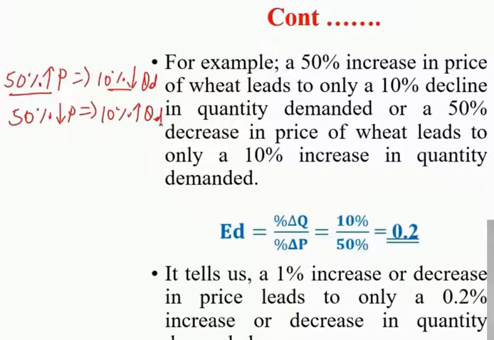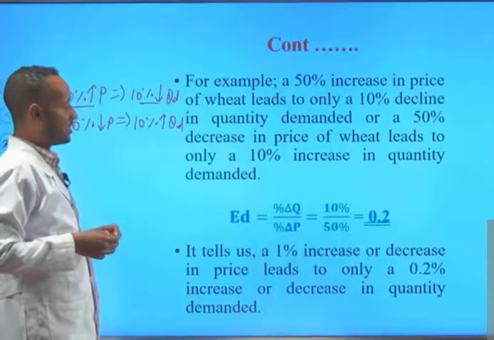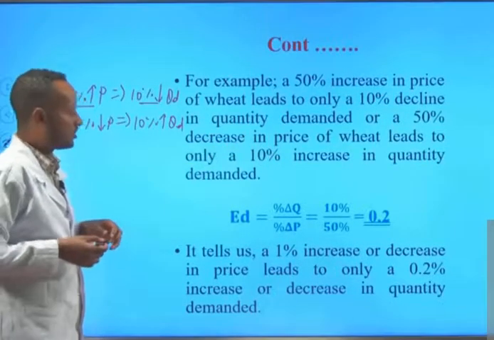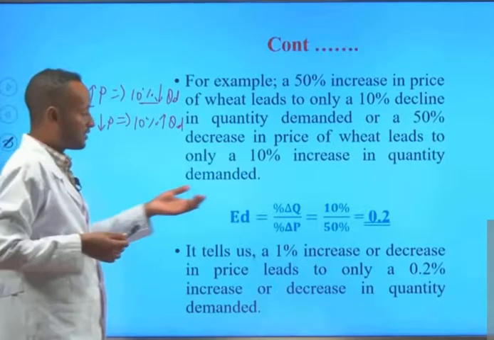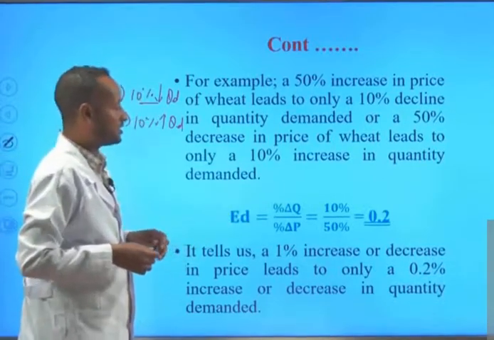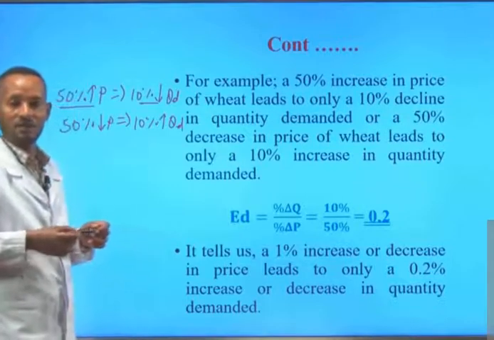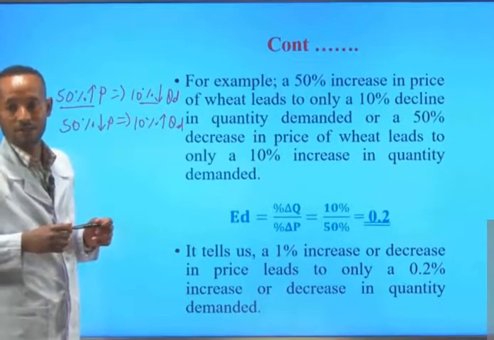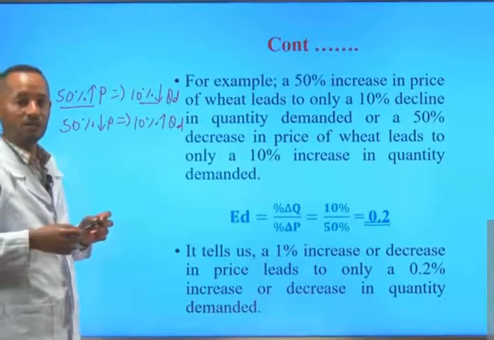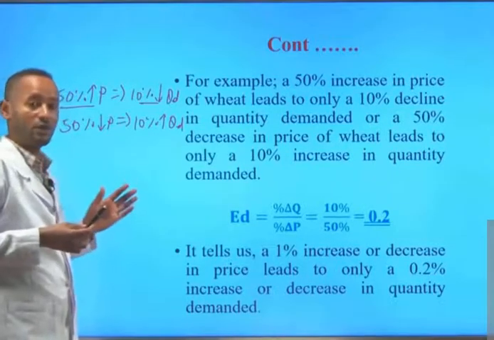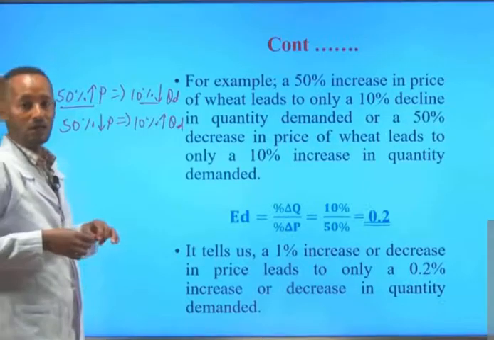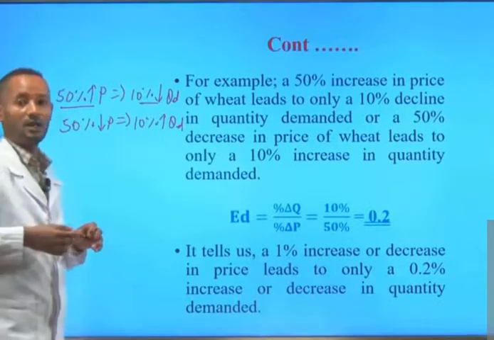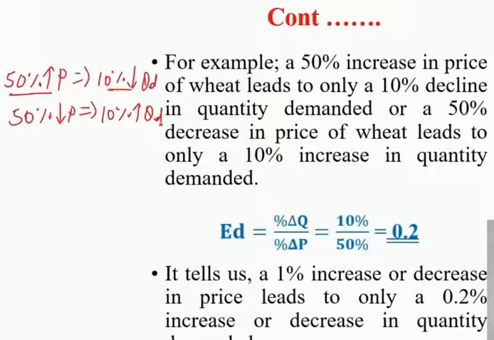Mathematically, the price elasticity of demand is calculated by dividing the percentage change in quantity demanded by the percentage change in price. And from this information, the percentage change in quantity demanded is 10% and the percentage change in price is 50%, and this is 0.2. This tells us mathematically, after calculating the price elasticity of demand, if you get an elasticity of demand value that lies between 0 and 1, then the buyer is said to be inelastic, indicating that he is less sensitive or less responsive to changes in price, or simply careless to changes in price.